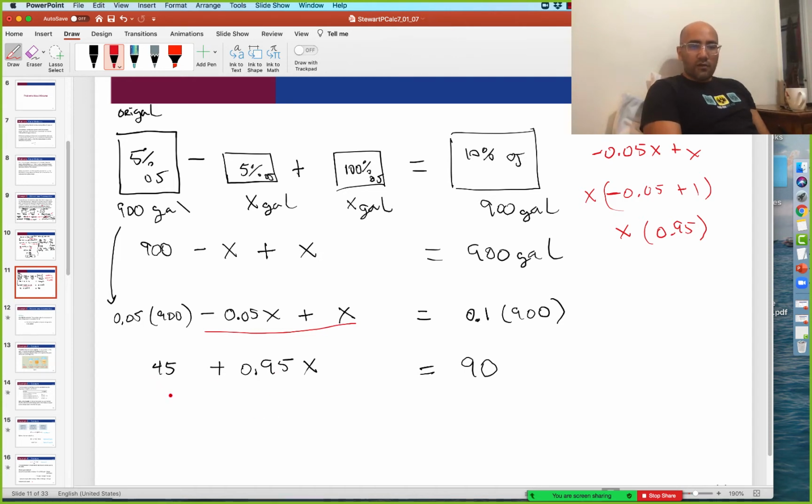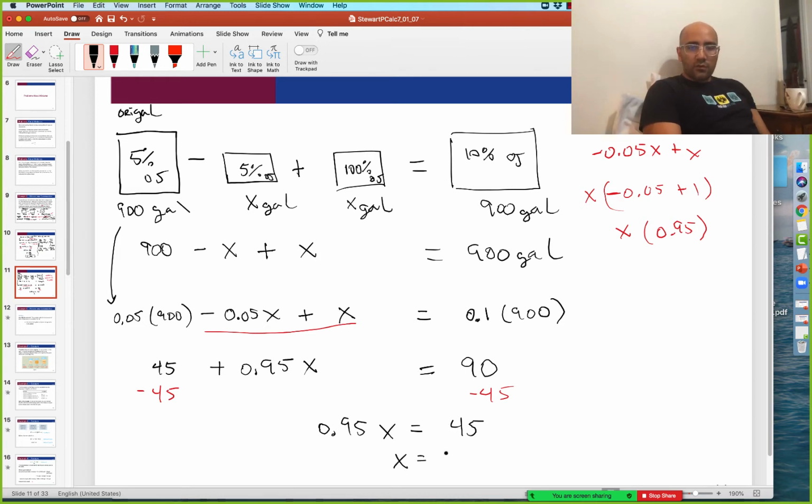Okay, so now we solve for x. We get a minus 45, so we end up with 0.95x equals also 45.